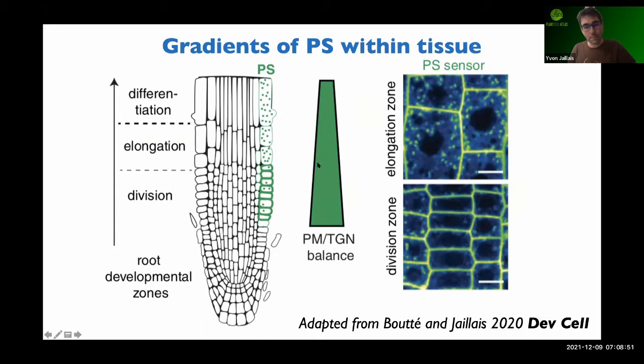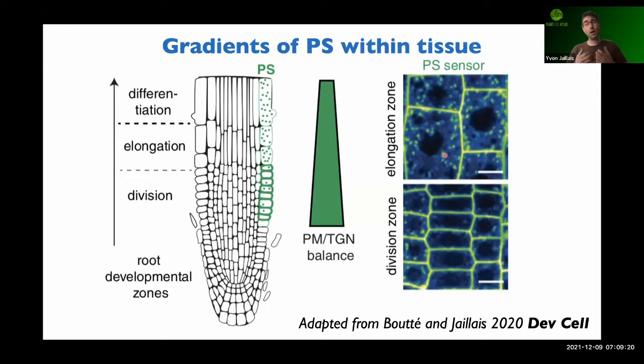So for example, in the root epidermis here, what we find is that in the meristem, the vast majority of the PS sensor localizes at the plasma membrane. We have very few endosomes, so very strong accumulation of PS in the plasma membrane. And that's not true in the more elongation or differentiation part of the root, where we have a more partition of the sensor with less at the plasma membrane and more into intracellular compartments.